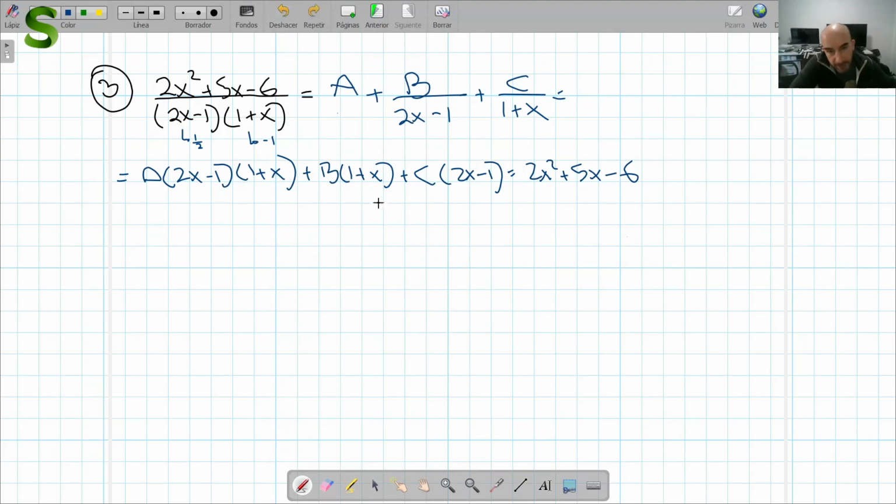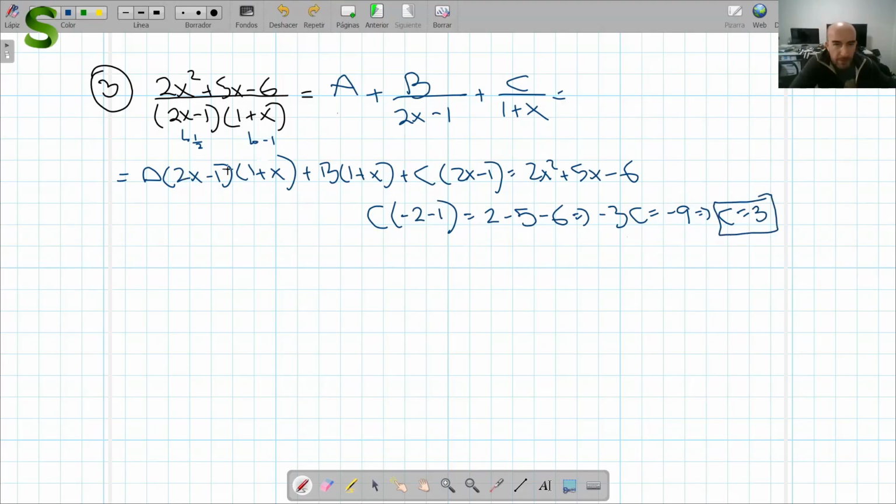So we can have c times minus 2 minus 1 equals minus 1 squared is 1, so 2 minus 1 times 1 is minus 5 minus 6. So minus 3c equals 3.